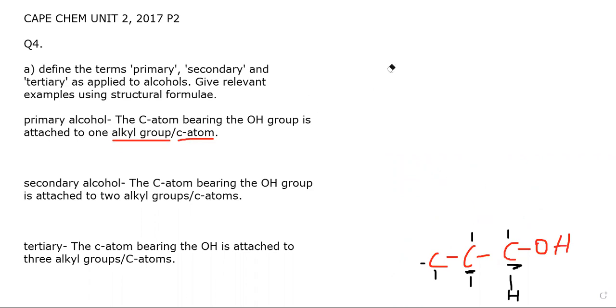Now for secondary alcohol, the carbon atom bearing the OH group is attached to two other carbon atoms. So notice here, this is the carbon atom bearing the OH group, and it is attached to two other carbon atoms.